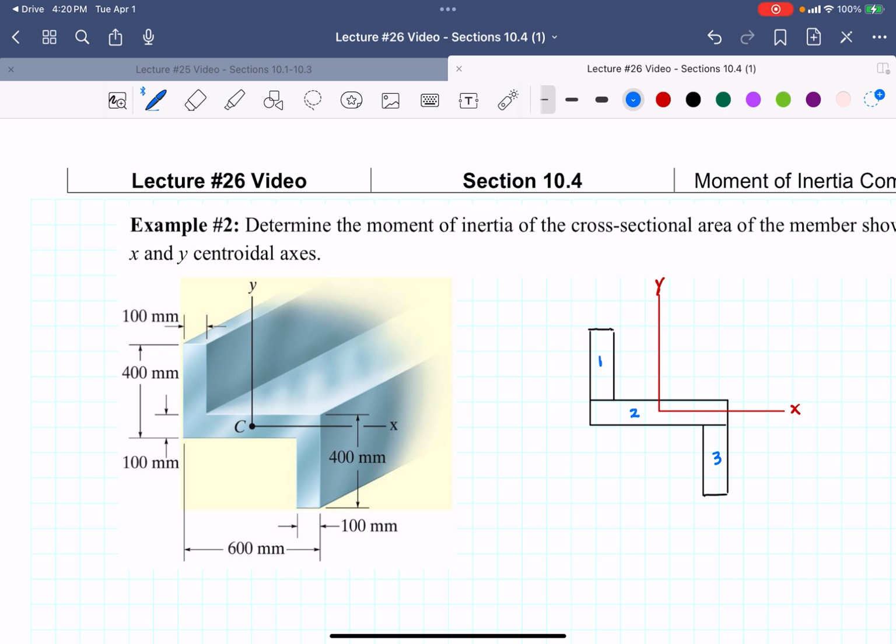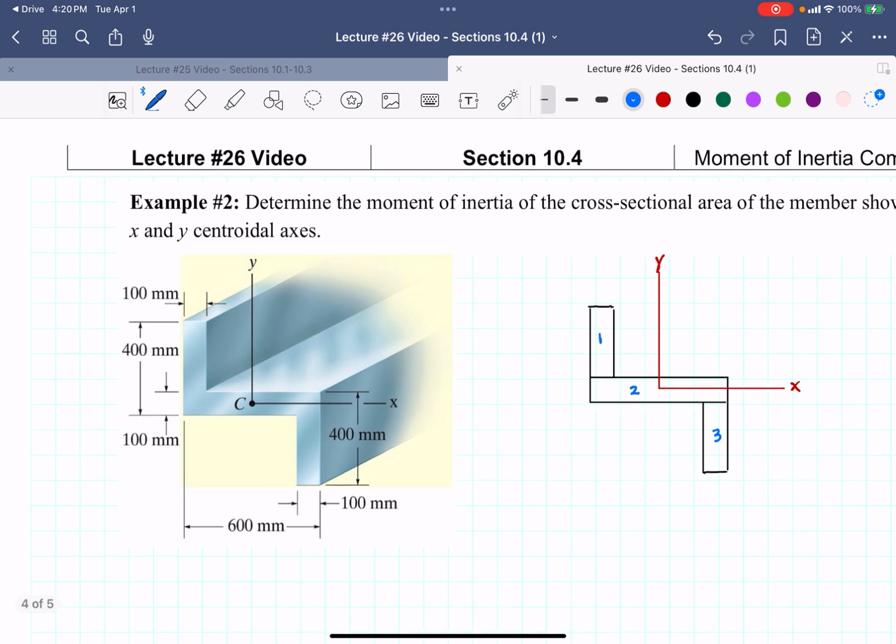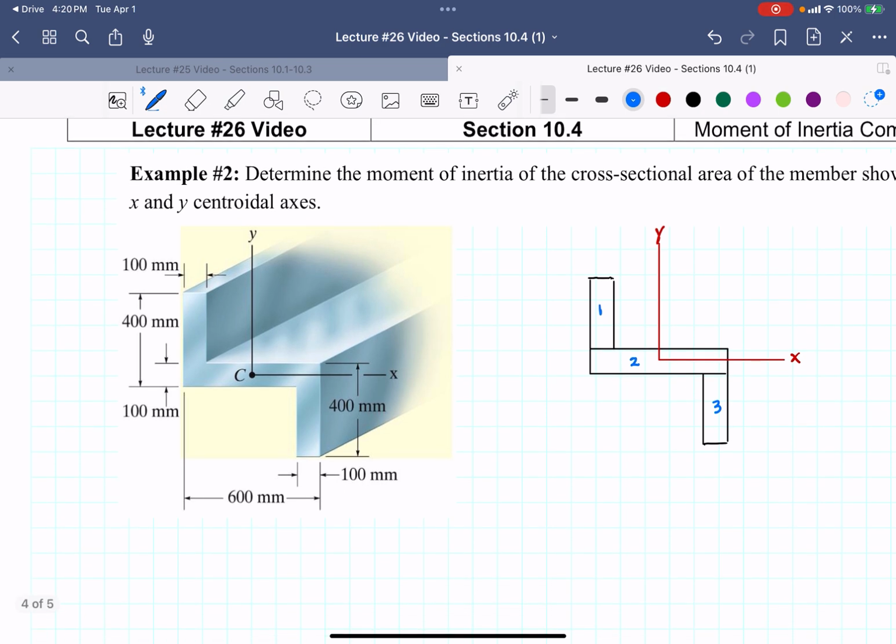You can draw your shapes slightly differently. If you cut the rectangles at different places, you should end up with the same answer.